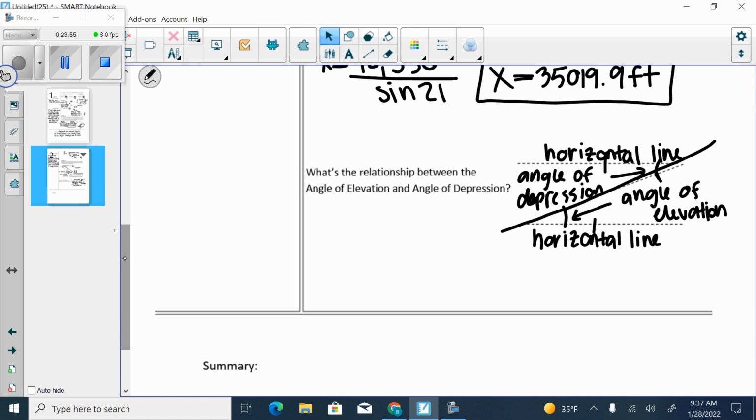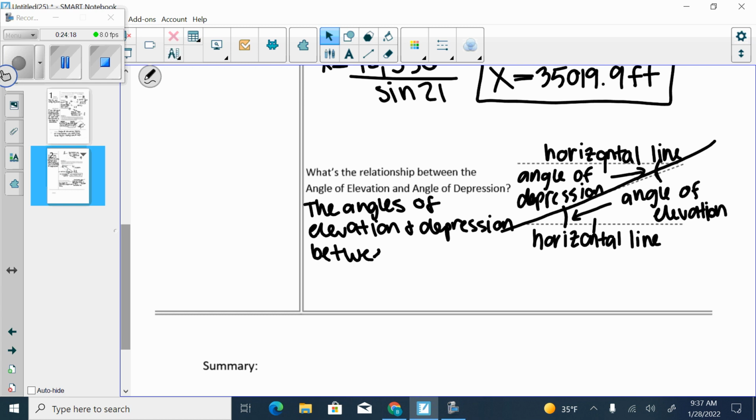The angles of elevation and depression between two objects is the same.